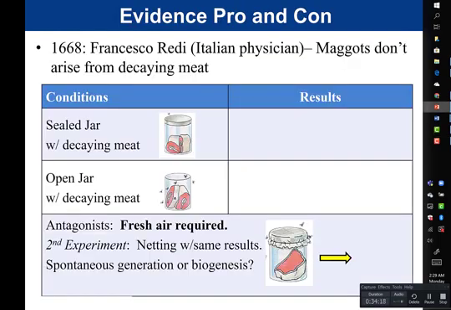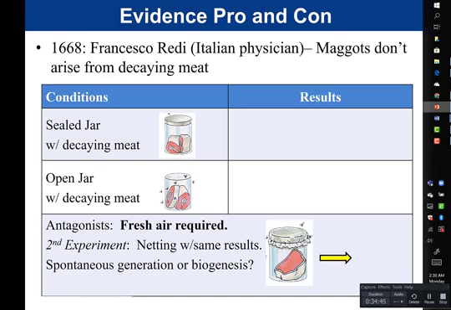So, 1668, an Italian physician, Francesco Redi, did an experiment using meat and looking at maggots. And so what he did was he took meat and he put it in a sealed jar. And what he was looking for was, did he see maggots on the meat?